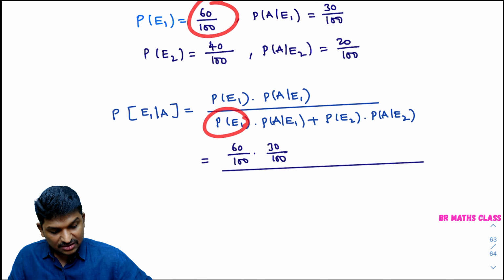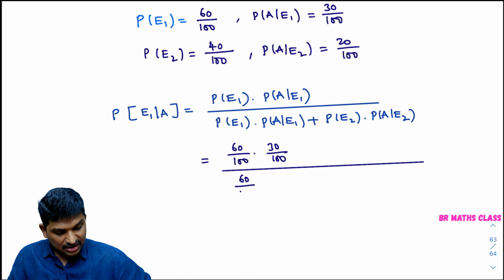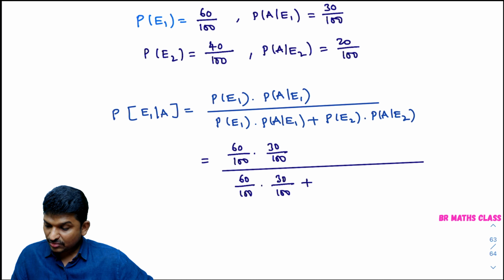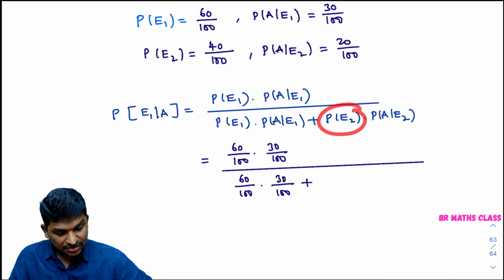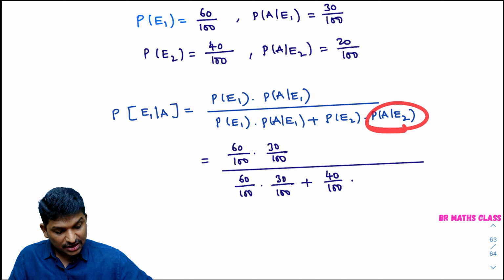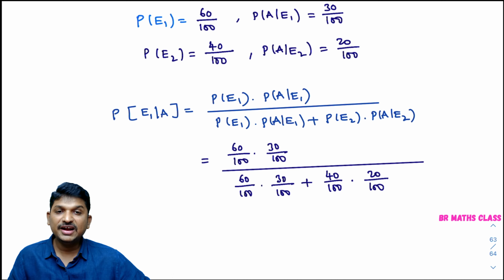What is P of E1? 60 divided by 100 into P of A by E1, that is 30 divided by 100, plus P of E2. What is P of E2? 40 divided by 100, into P of A by E2. What is P of A by E2? 20 divided by 100. Right?